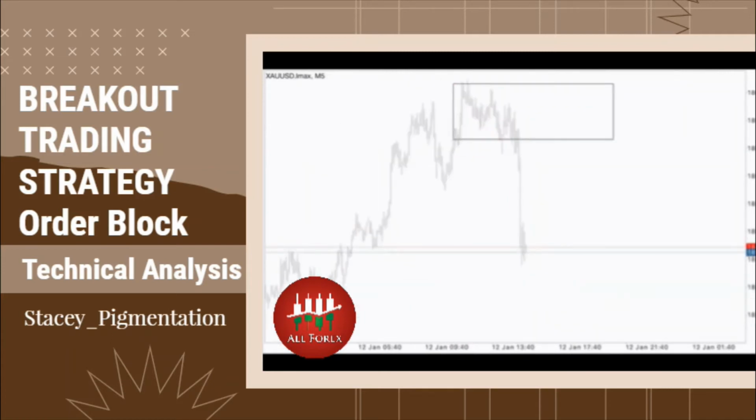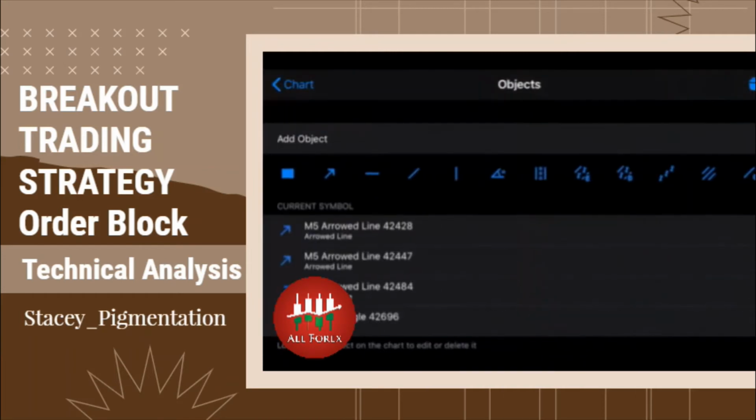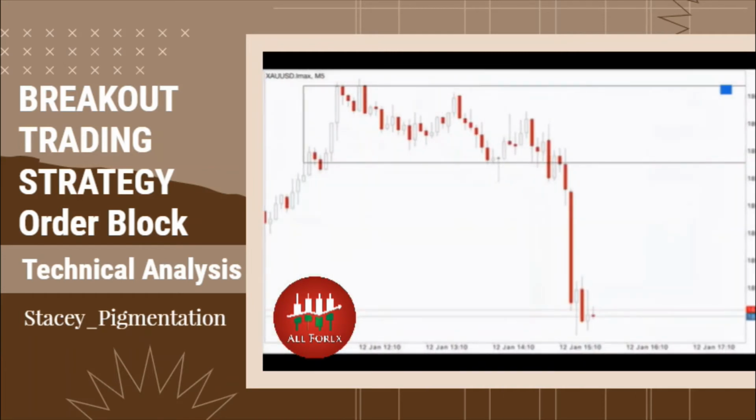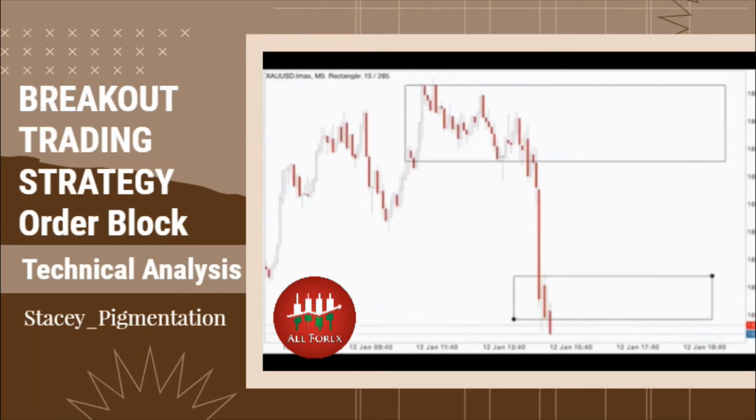So see, the strategy works best when you do this. And then now you can tell that it's creating another consolidation market. So what I can do here is that I can do this and then extend, then wait for a breakout.